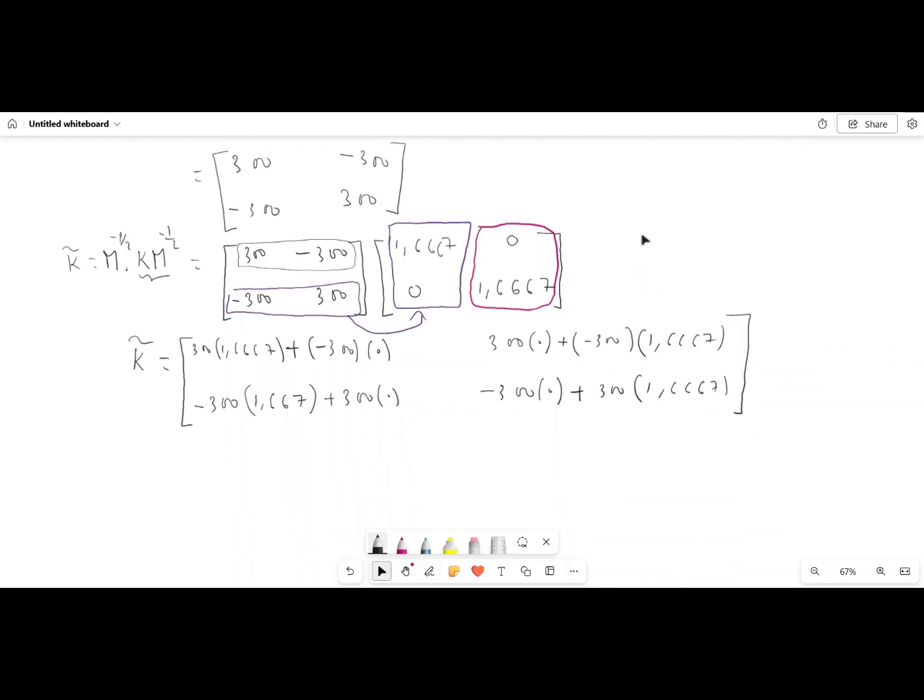So what do we have here as the normalized matrix, guys? You just need to do 300 multiplied by 1,6667. Remember, this will give 0, this will give 0, this will give 0, this will give 0.